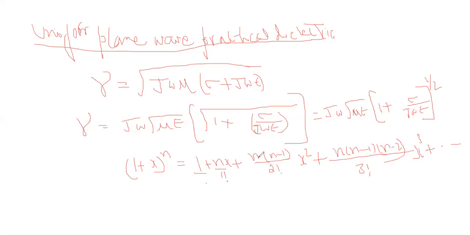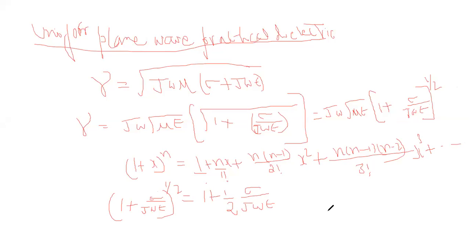Now it is 1 plus x whole power n. I am taking only the first two terms, neglecting the higher order terms, so it is equal to 1 plus n into x, where n is 1 by 2 and the x term is sigma by j omega epsilon.